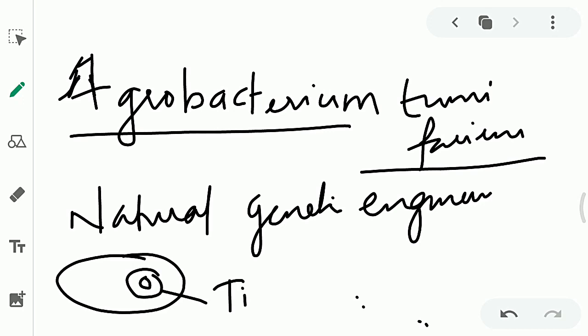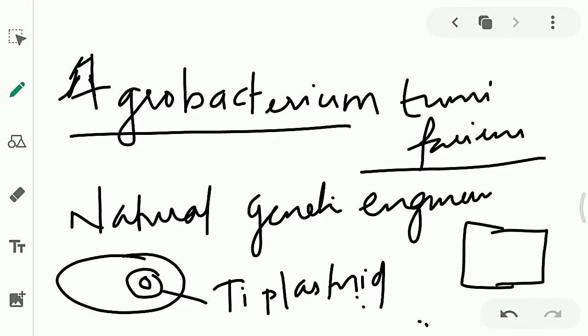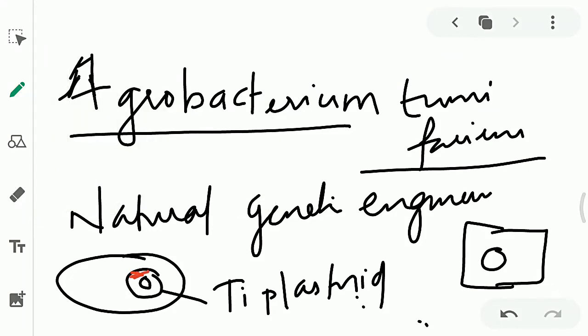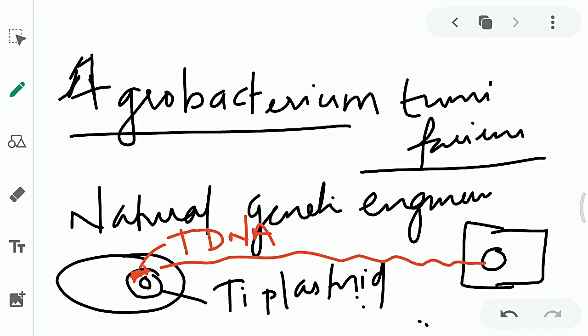This plasmid is known as the Ti plasmid, which induces tumor in plant cells. This Ti plasmid has a small region known as T-DNA. This bacterium sends only the T-DNA into the plant, causing the disease tumor.